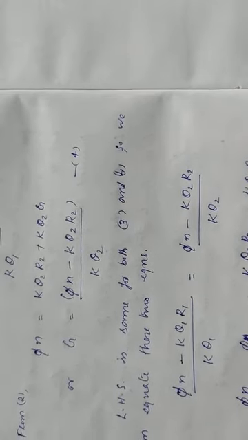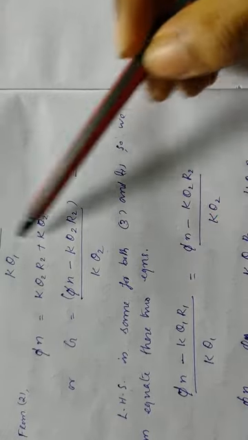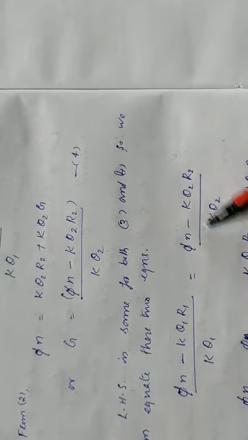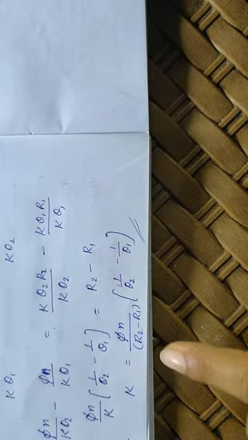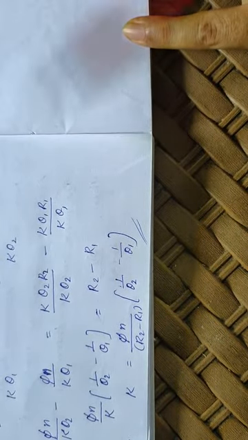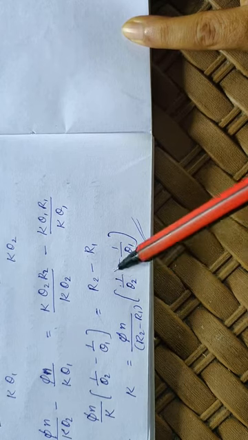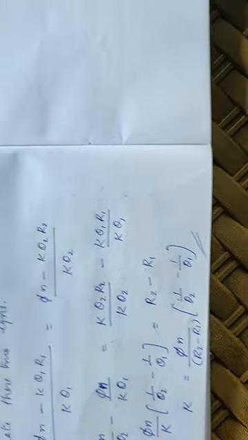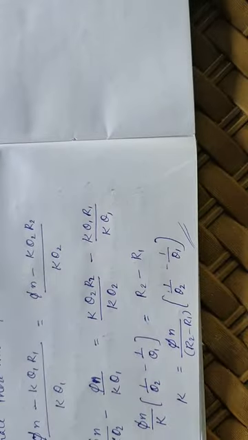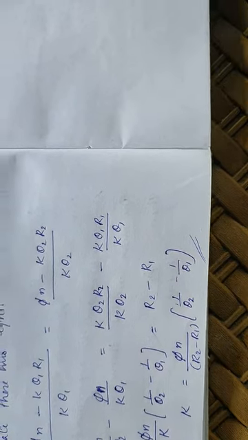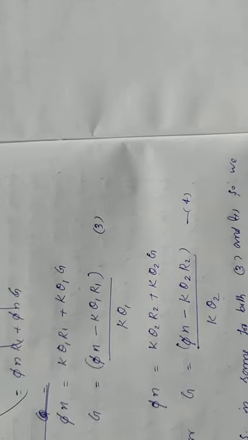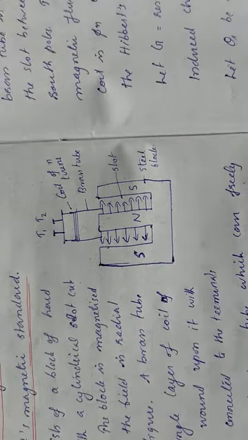So from these two we can equate the equations so that we finally reach the value of K equals phi n by R2 minus R1 into 1 by theta 2 minus theta 1. So this is the charge sensitiveness which is measured through the Hibbert's Magnetic Standard or HMS method.